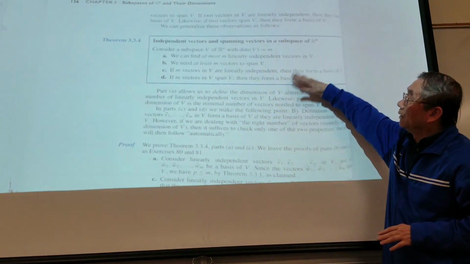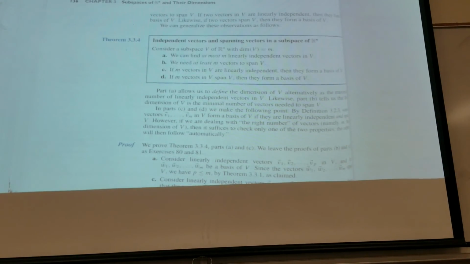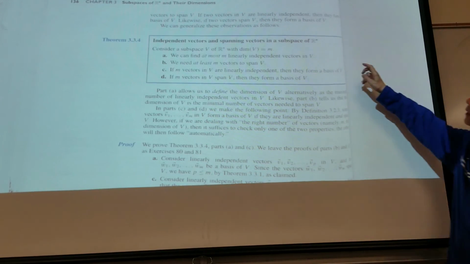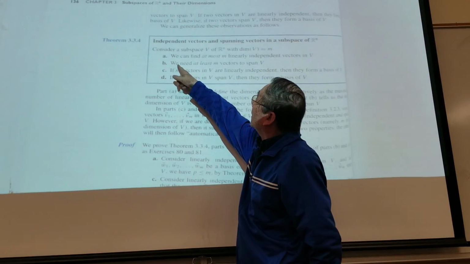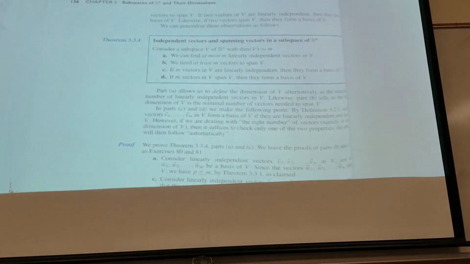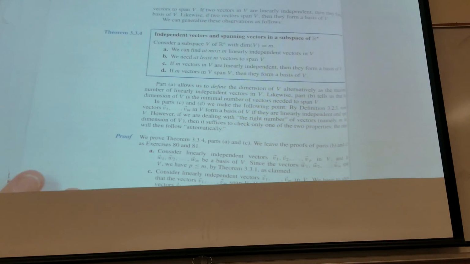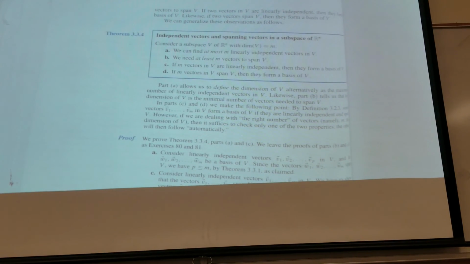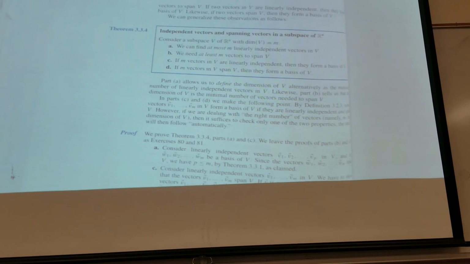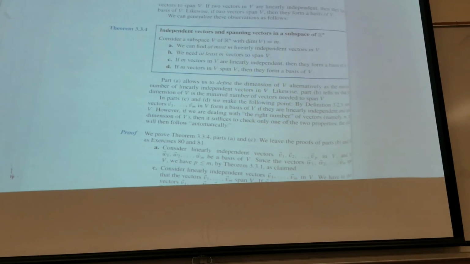So this part is a consequence of B. We need at least m vectors to span this subspace V. So if you already have m of them and they span, then they must be linearly independent, therefore form a basis.